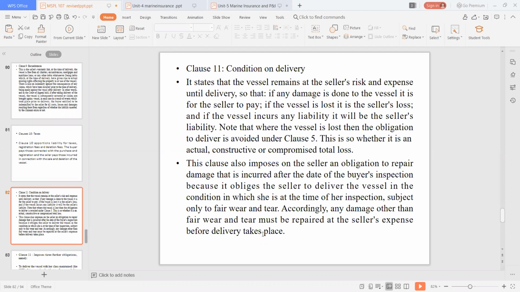Accordingly, any damage other than fair wear and tear must be repaired at the seller's expense before delivery takes place. Okay. So it is nothing but how the vessel is at the time of delivery, the condition, the nature, right? So clause 11 focuses on condition on delivery.